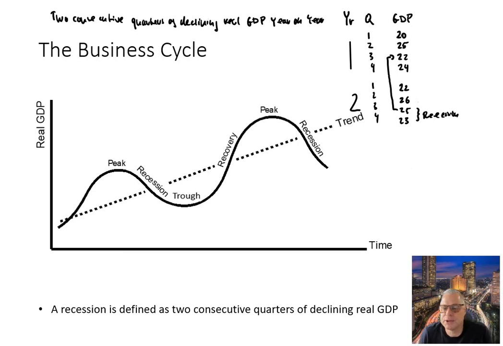So if you use the example, well then we would not call quarter 3 and 4 of year 2 a recession, because year on year it is not declining output.